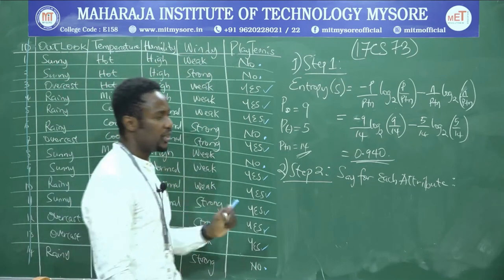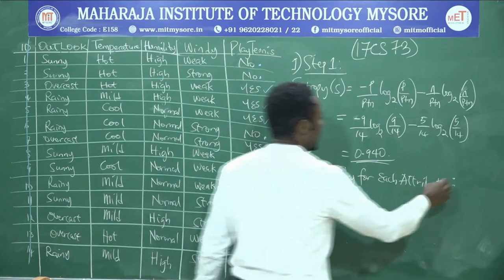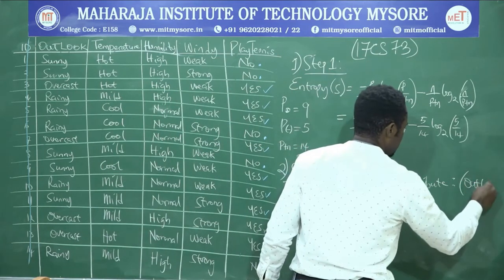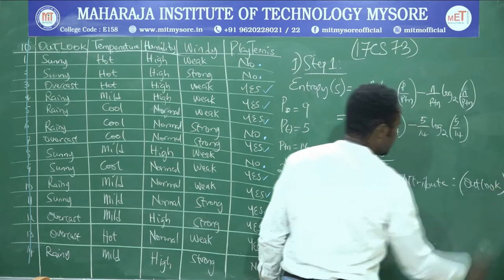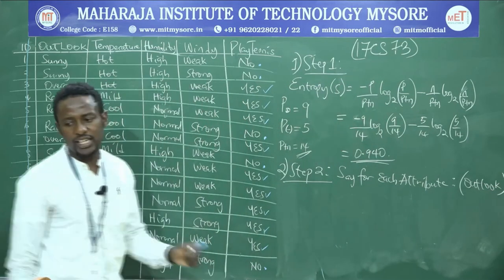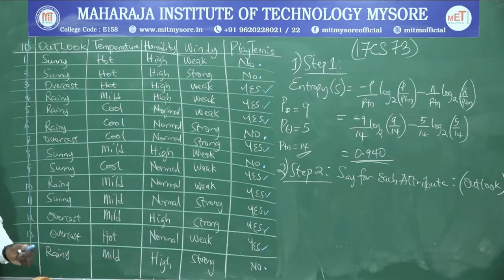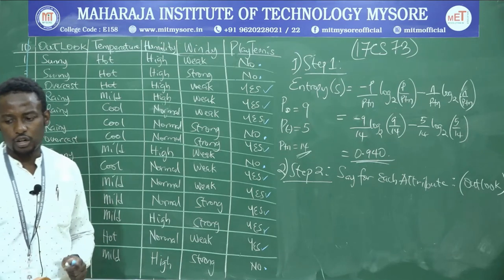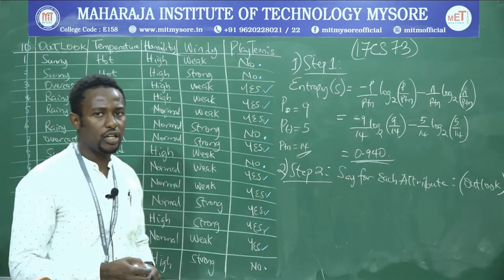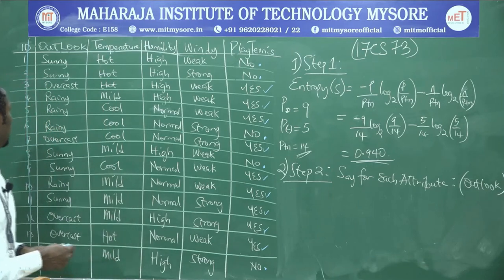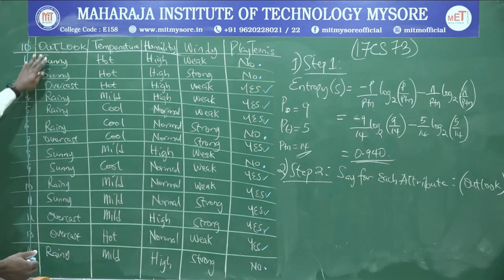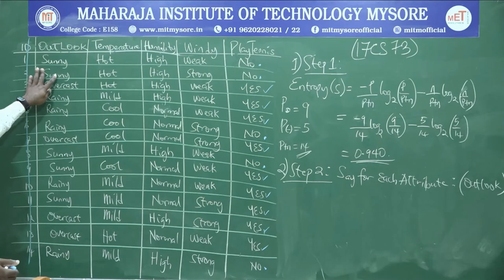Let's take Outlook now. For each of that, we need to calculate the entropy of A. Entropies of A means the subsets or subgroups of this attribute Outlook, which are sunny, overcast, and rainy.